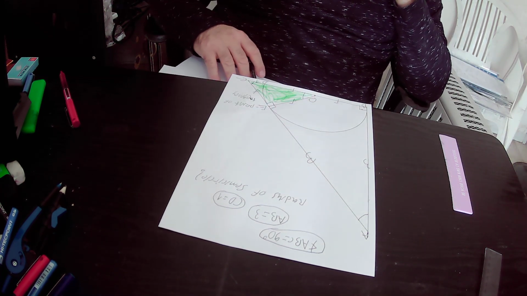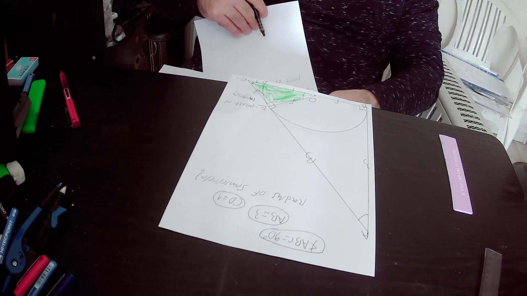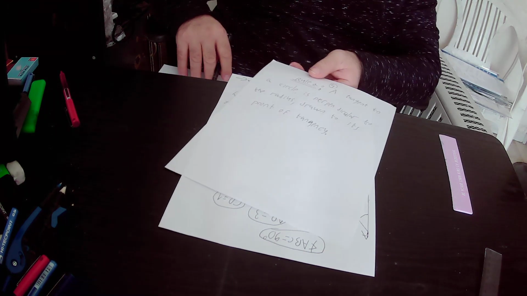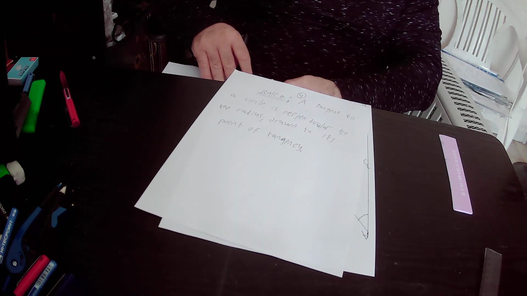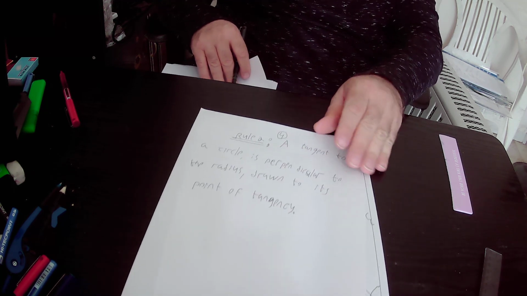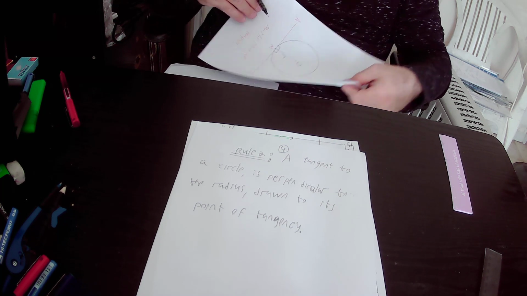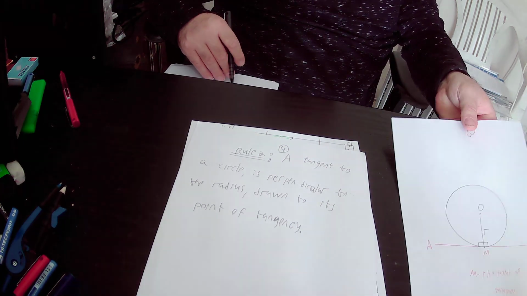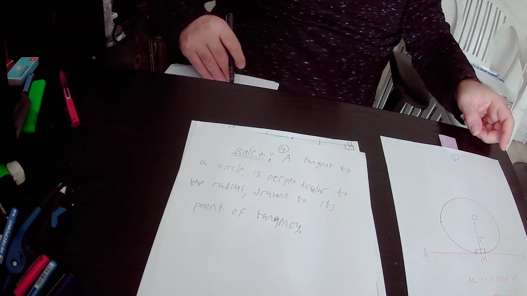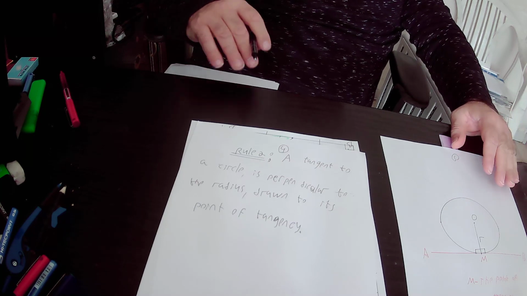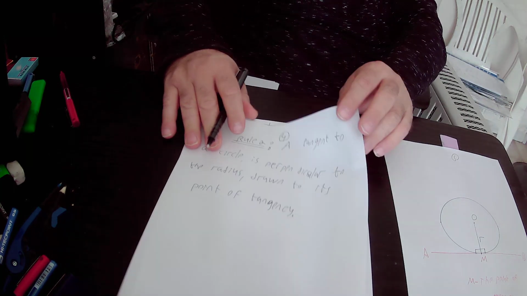Then I presented to you rule number 2. According to rule number 2, a tangent to a circle is perpendicular to the radius drawn to its point of tangency. So what is the meaning of rule number 2?